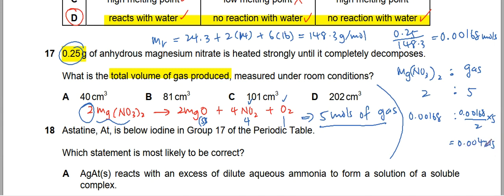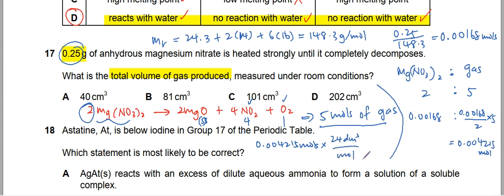This is equivalent to, we multiply with the molar volume. 0.004215 moles multiplied by the molar volume, which is 24 dm cube per mole.